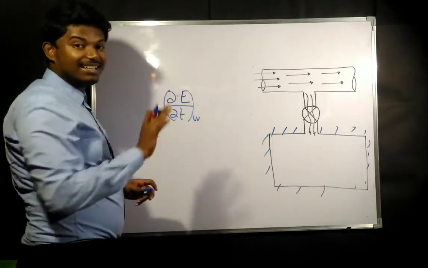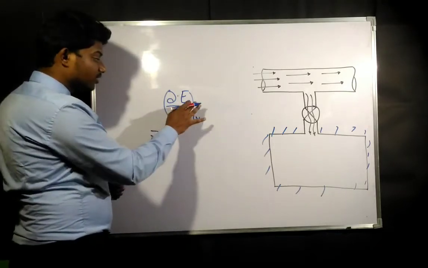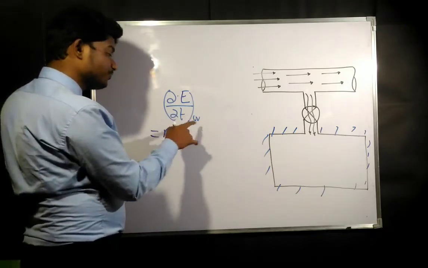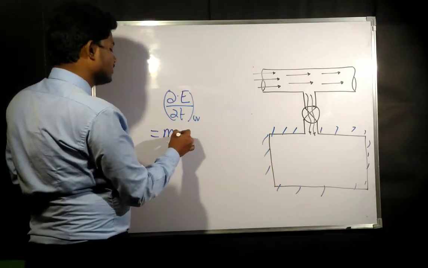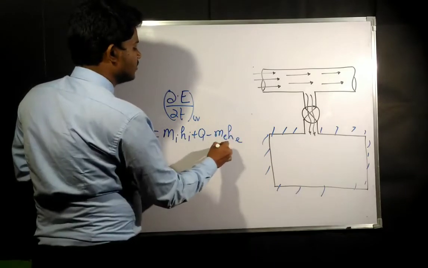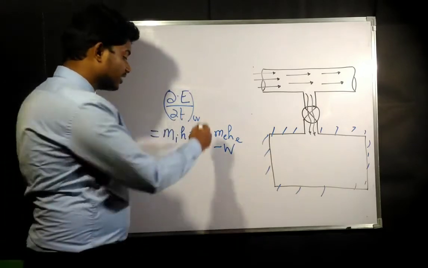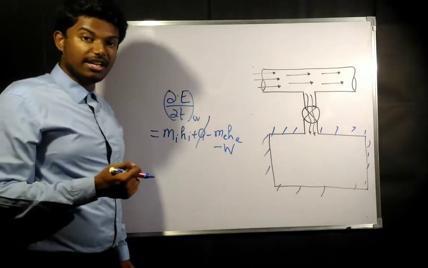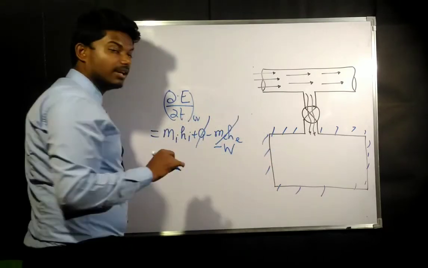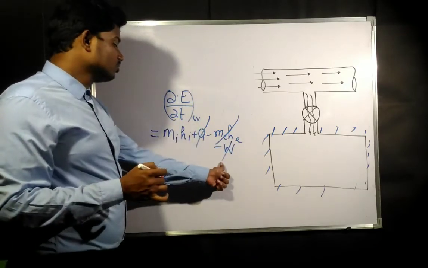Neglecting the kinetic energy and potential energy, we have derived one formula on the last board: dE by dt with respect to time is equal to mass at inlet into h at inlet plus Q minus mass at exit into h at exit minus W. Now, as it is completely insulated, Q, the heat transfer, is going to be 0. Since there is no exit, the exit term me into he is going to be 0, and since there is no shaft work, W is also going to be 0.